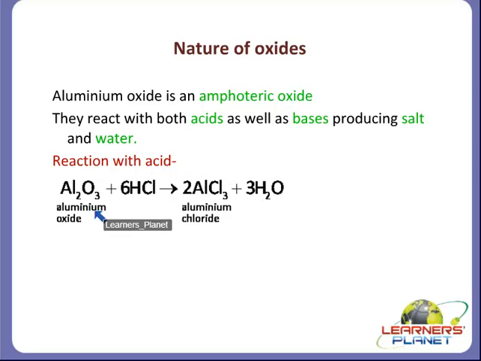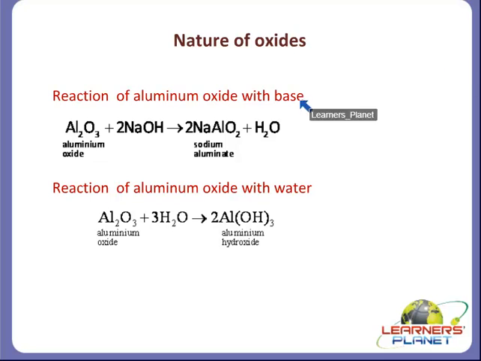Let's take the reaction with acid. Aluminium oxide reacts with hydrochloric acid, forming aluminium chloride, that is a salt, and water. So this is reacting with an acid. Now let's take up its reaction with a base.